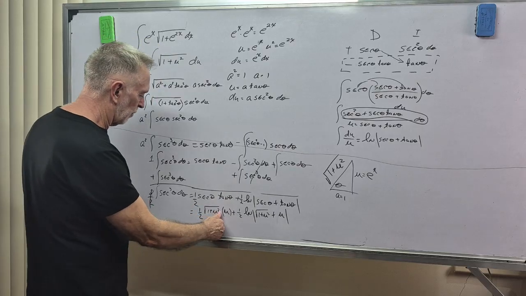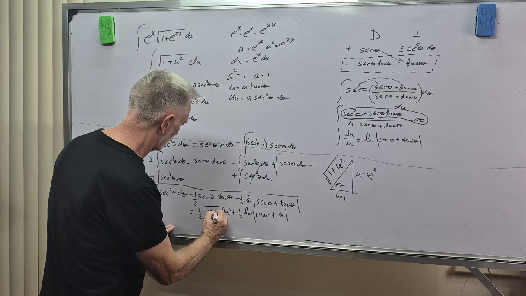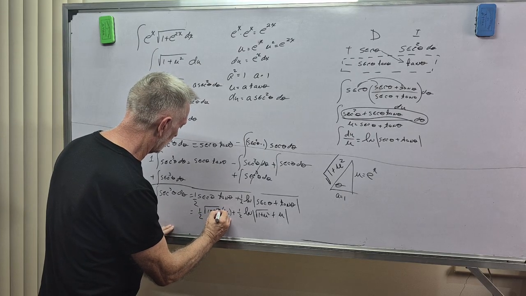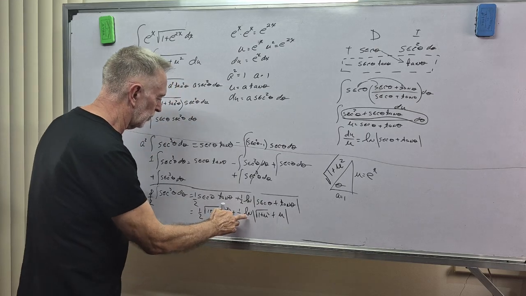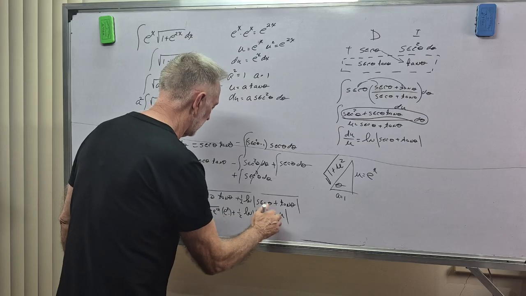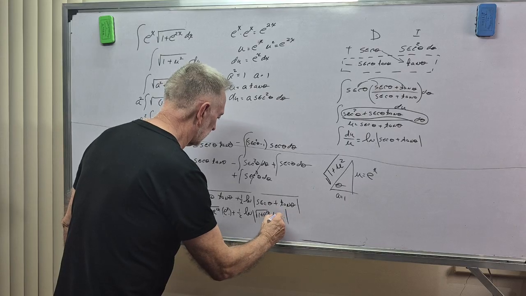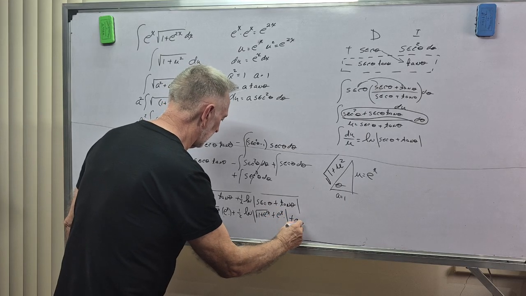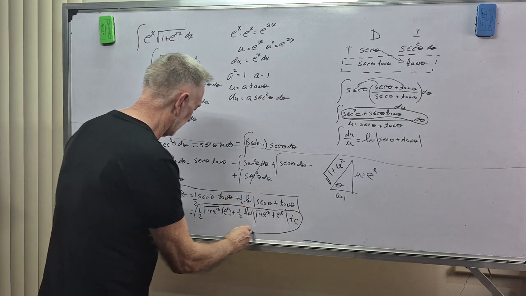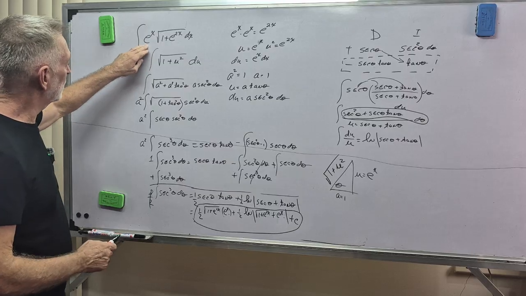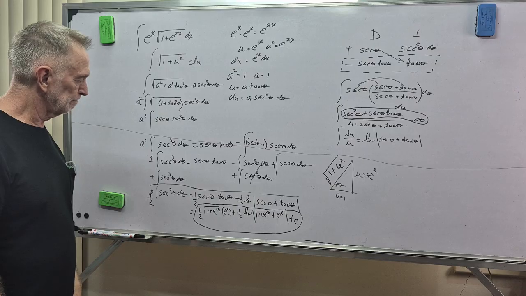We have 1/2 times the square root of 1 plus u squared, which is e to the 2x, and u is e to the x, plus 1/2 natural log of 1 plus e to the 2x plus e to the x plus c. And that, my friend, is the integral of e to the x square root 1 plus e to the 2x dx.